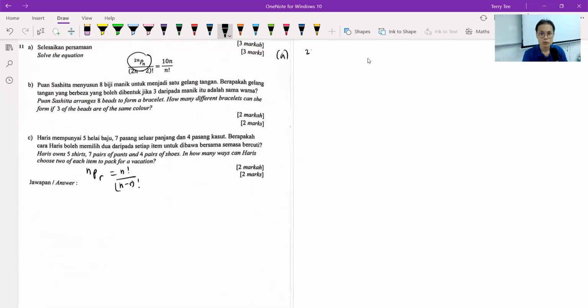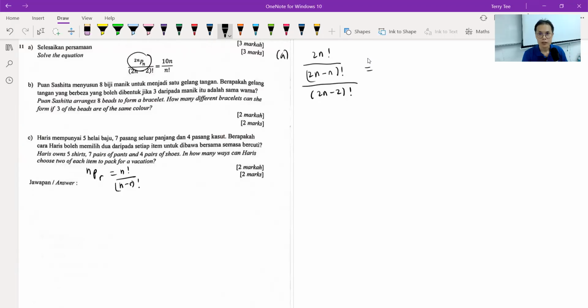This is 2n, right? Your n is now 2n factorial divided by 2n minus n factorial. Okay, for my denominator, maybe I just copy this down first. This is 2n minus 2 factorial, right?